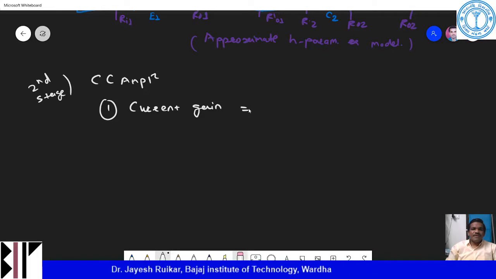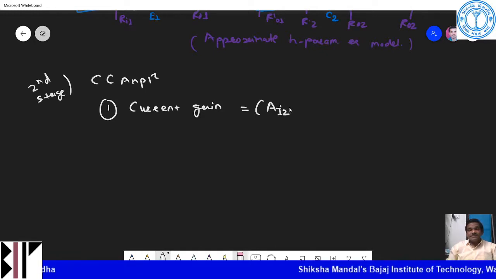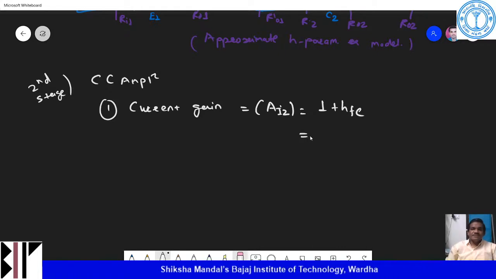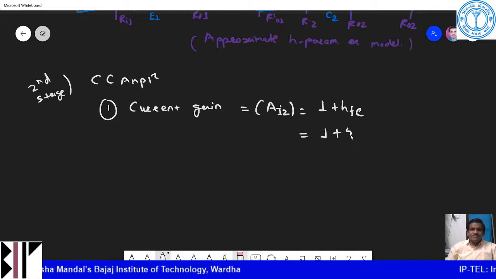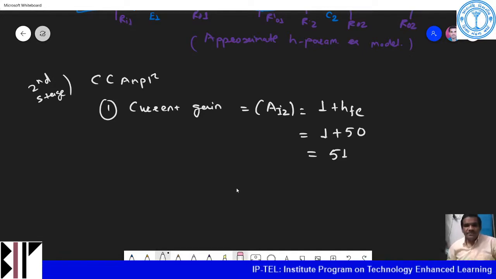With the help of the approximate model, I will call it AI2. Capital AI2 is nothing but 1 plus HFE. HFE has been given as 50. So 1 plus 50, so 51. 51 is my AI2.